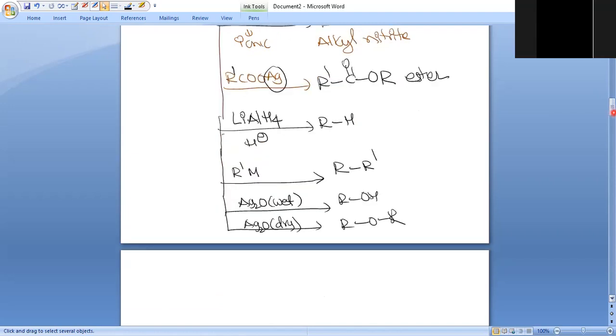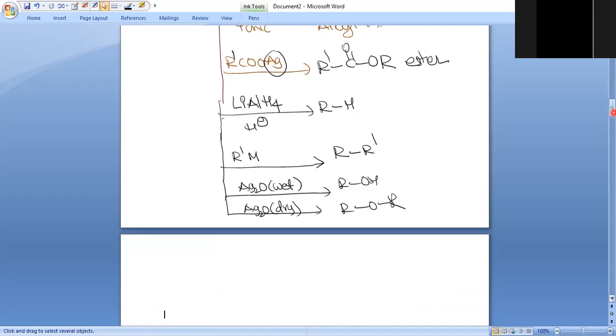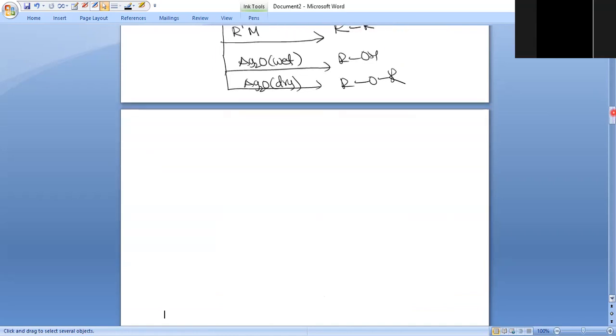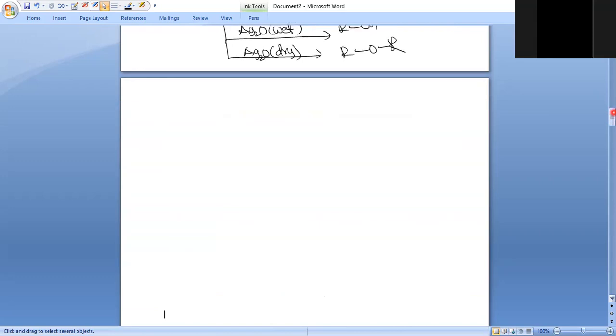Lithium aluminium hydride means alkanes. Alkyl metal means you will get alkanes. Ag2O wet means alcohols, Ag2O dry means ethers. Clear this one? Yes, sir. So these are the SN reactions given.